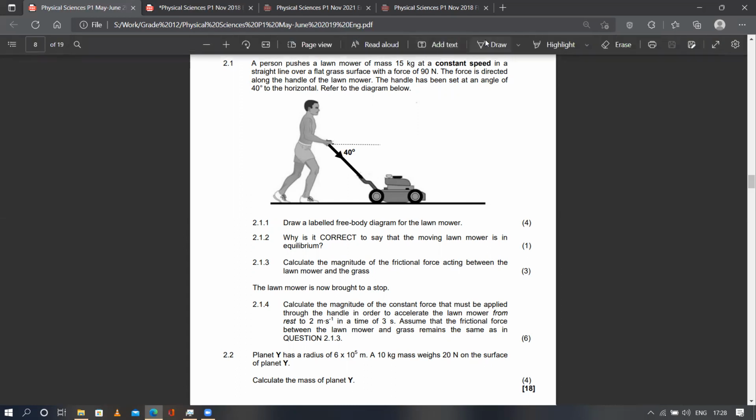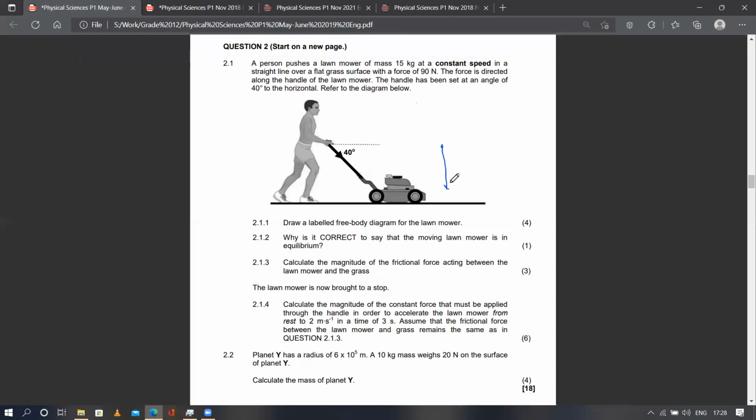So you're going to have the mower, and the most obvious force is the force of gravity, which is your weight, and you're going to have your normal force going perpendicular to the surface.